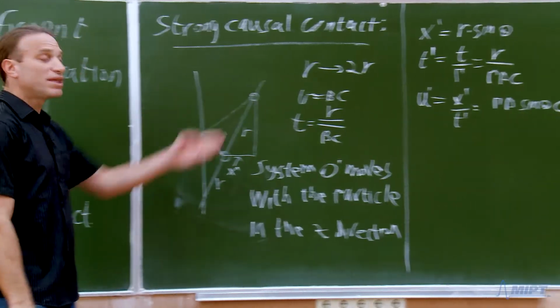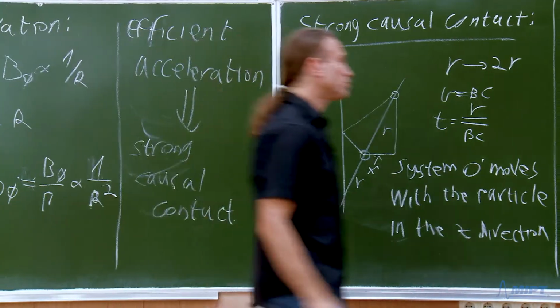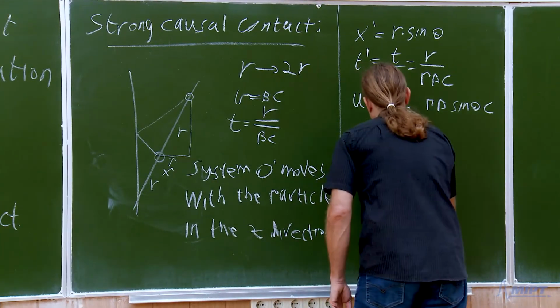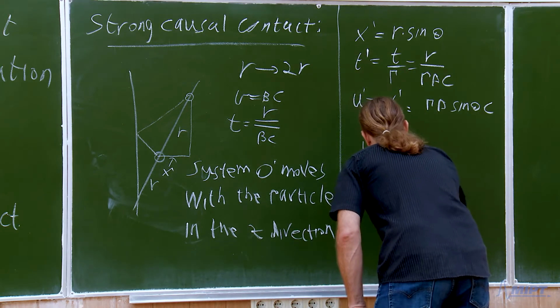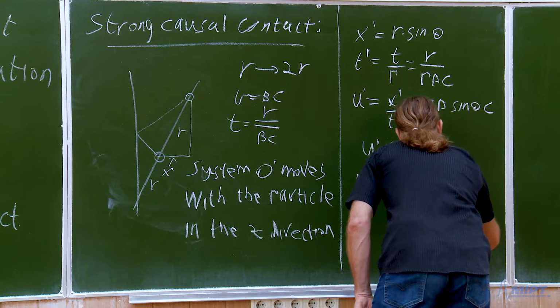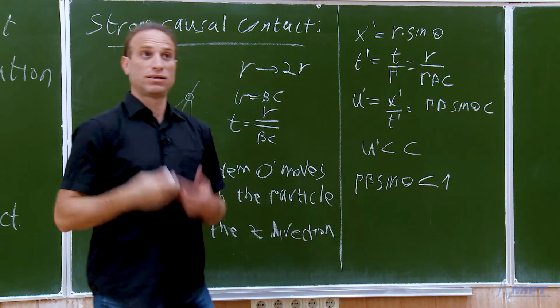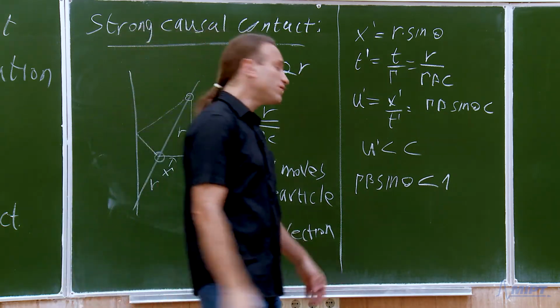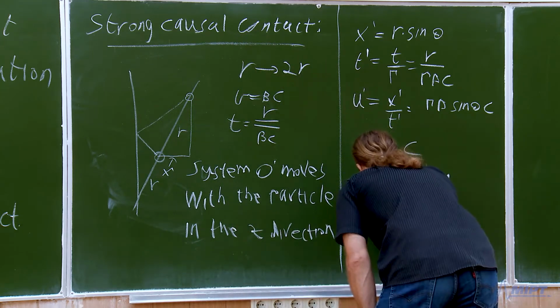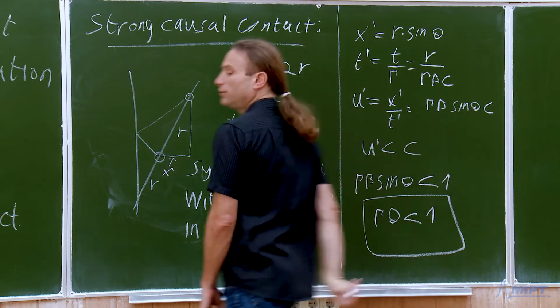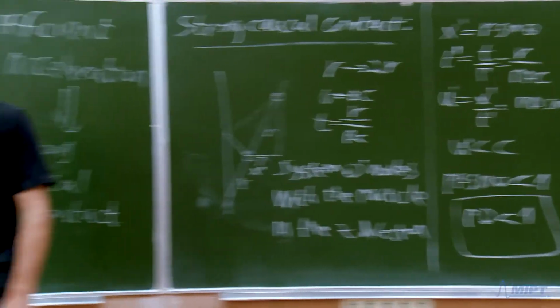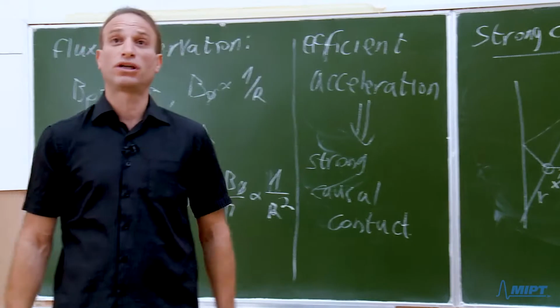Now I want u tag to be smaller than c, and what I get is that gamma beta sine theta is smaller than 1, and for small angles and large Lorentz factor, this is roughly gamma theta smaller than 1. So this is the definition of strong causal contact.